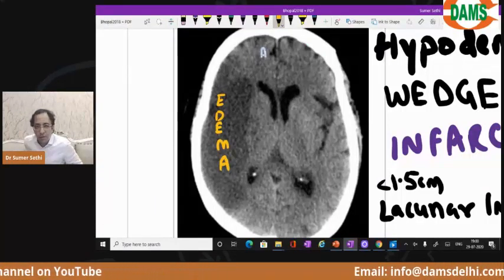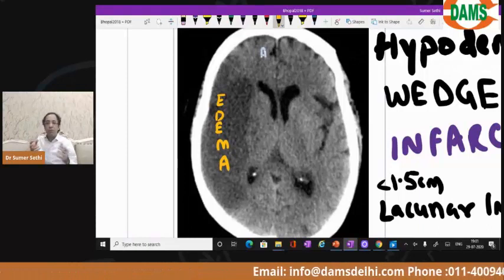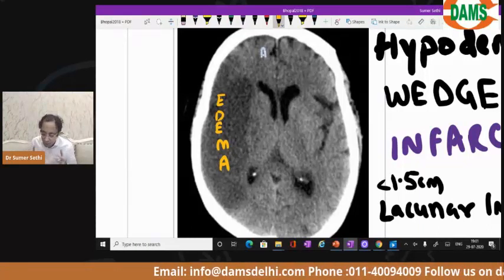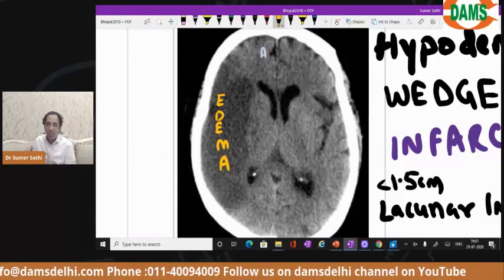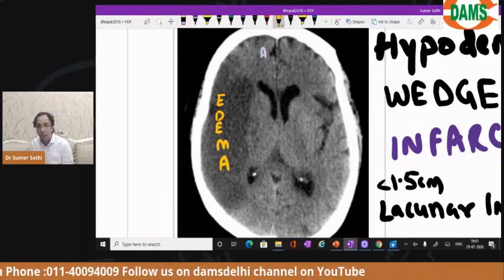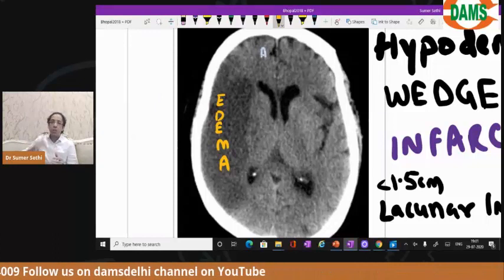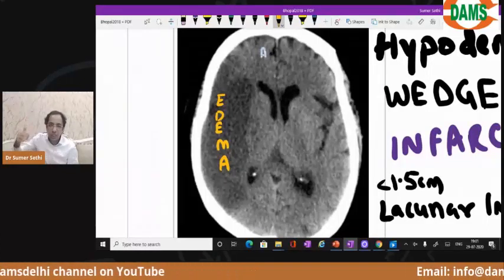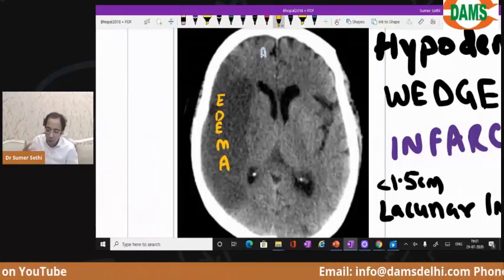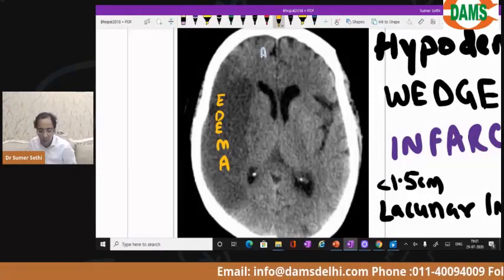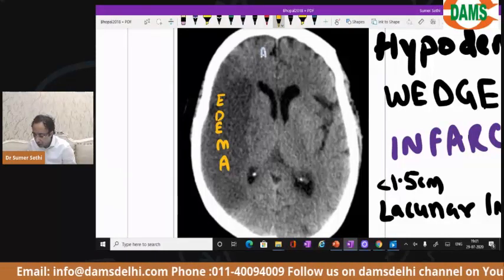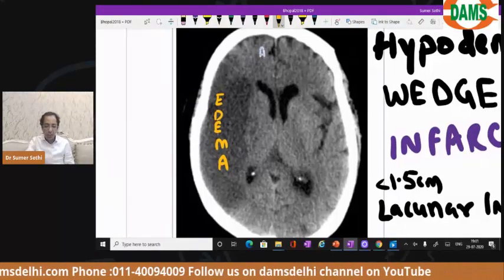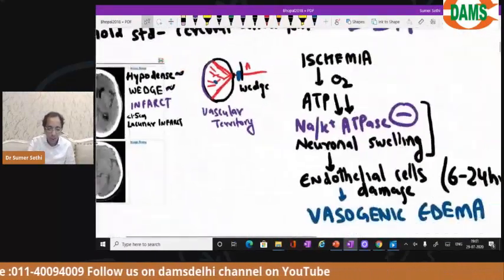Edema means tissue has more fluid, more water here, because the capillaries are leaking because the endothelial cells are dead, and that is why it is appearing dark. Remember, water is darker than the brain. You remember the CT Hounsfield scale I explained. So infarct is hypodense because of that edema that you see here. This is the edema. Okay, are you clear? Everybody understands? Edema means increase in the water content.